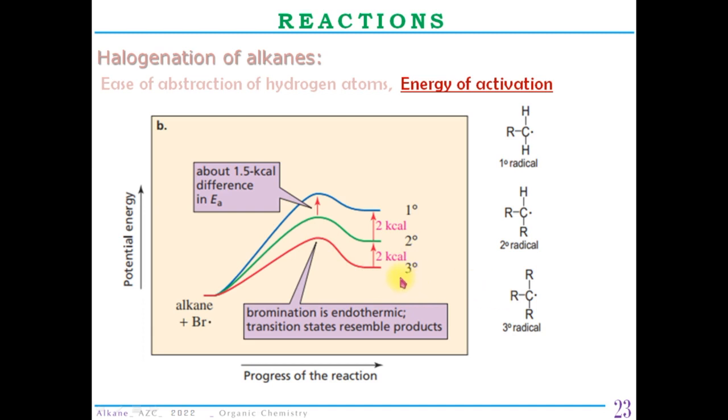So if there is possibility to get three types of radicals, the radical which is formed most is the tertiary radical, because activation energy is less to generate the intermediate of tertiary alkyl radical than secondary or primary. Okay, we can see this in the reaction coordinate diagram.